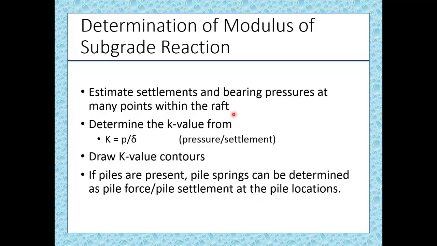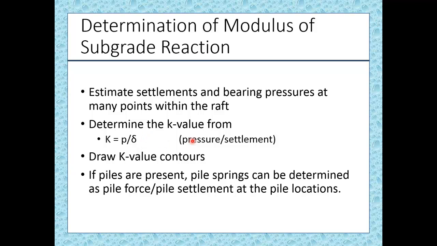This is about method C, to determine the subgrade reaction. The geotechnical engineer will estimate the settlement and the bearing pressure at many points within the raft, and determine many K values based on the pressure upon settlement.